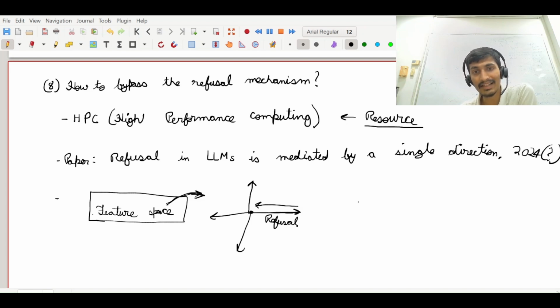And if you tweak the model parameters so that the magnitude of the vector in that space increases, then it refuses even on unharmful, benign requests.